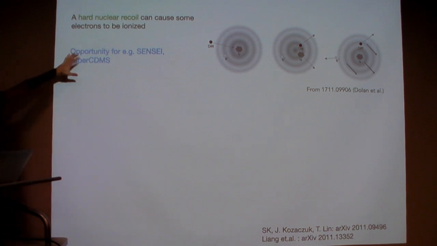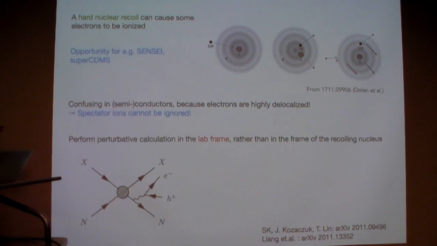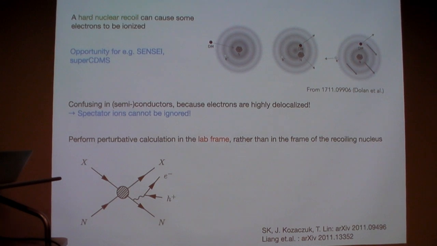This has been calculated in atoms for a long while by many different groups, but I think we were the first ones to calculate this in crystals. In crystals, it's a bit more complicated because these electrons are delocalized, so they feel all the neighboring atoms, and you can't just work in a single atom approximation, which people have been doing before.